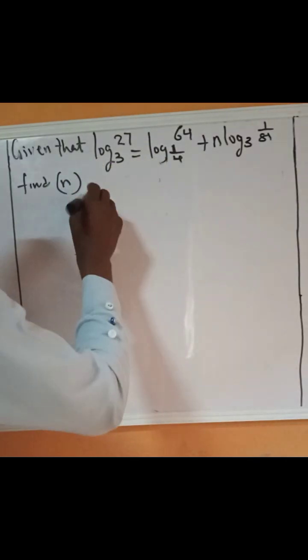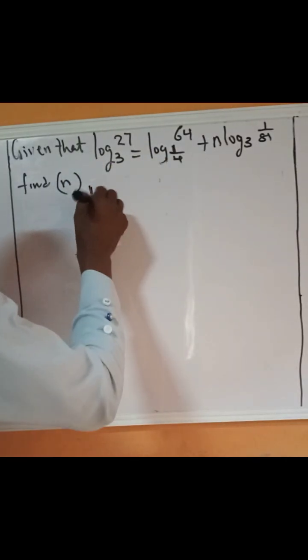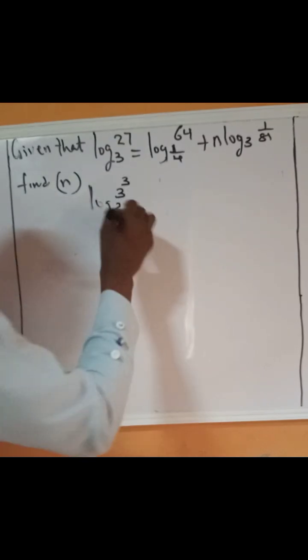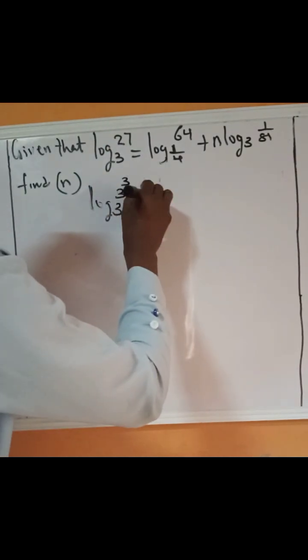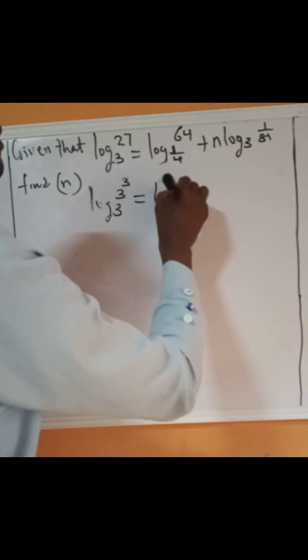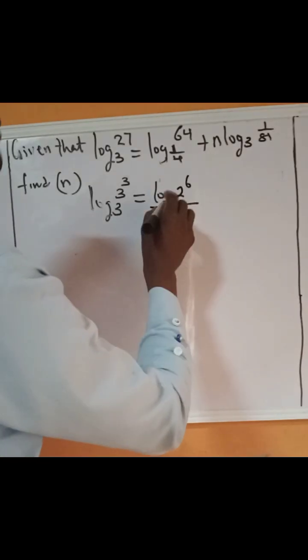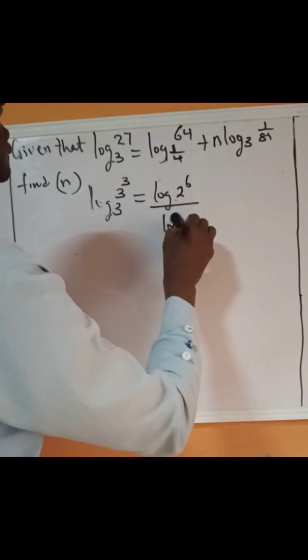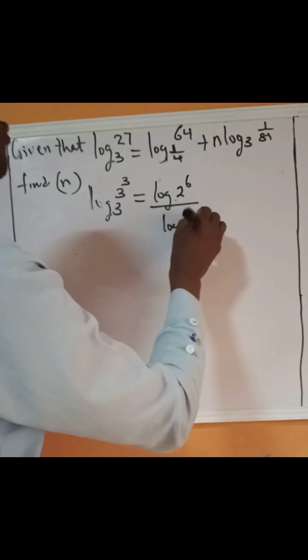And this, we can start with log base 3 of 27. 27 can be written as 3 raised to power 3. Then equal to log of 64, this can be written as 2 raised to power 6, over log of 2 raised to power minus 2.